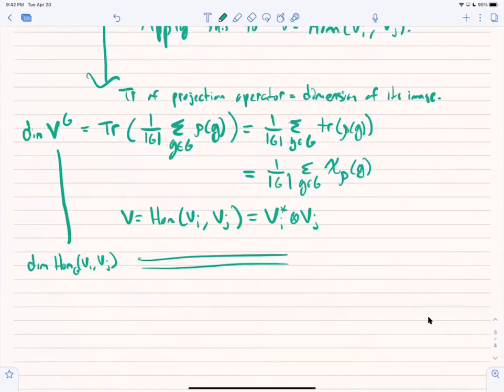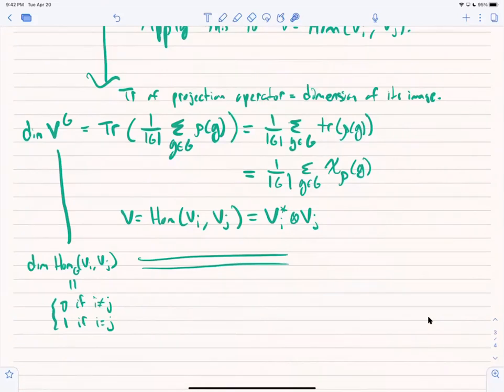And this is equal to 0 if i is not equal to j, because then it's two distinct irreducibles, so there are no maps between them, or 1 if i is equal to j. Okay, and that's Schur's lemma. So again, this is a fact we recalled earlier. So that tells you what the answer is going to be.